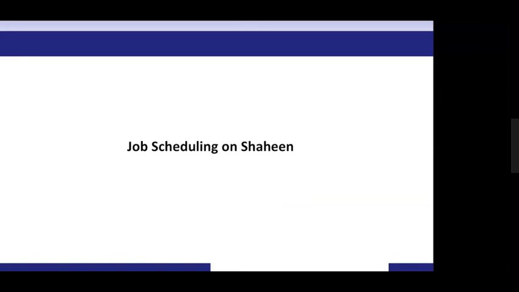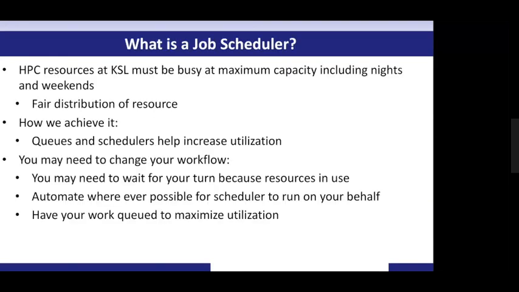All right. So if there are no further questions about the Windows SSH client, I can move on to talk about job scheduling on Shaheen. For job scheduling, first, let's talk about what job schedulers are for. We have 6,000 nodes. That's fantastic. And we have a lot of users, and many users ask for different numbers of nodes to use all at the same time.